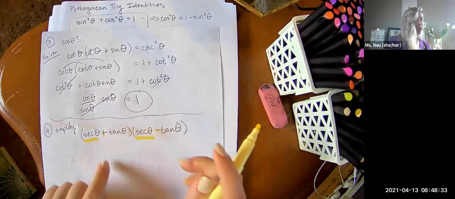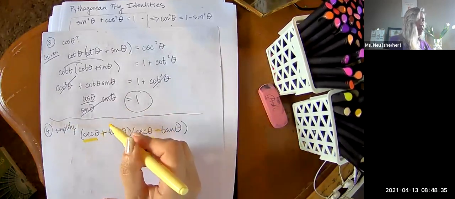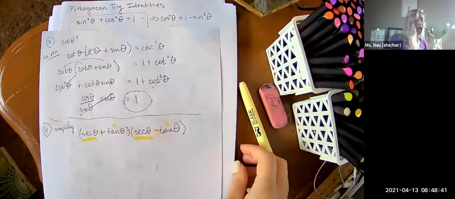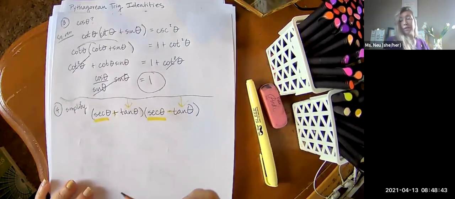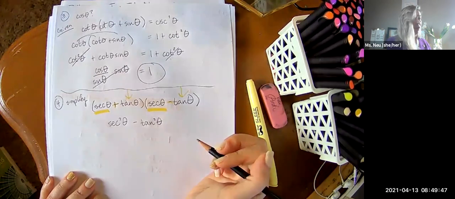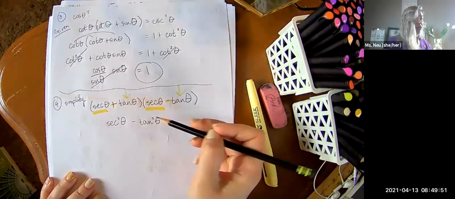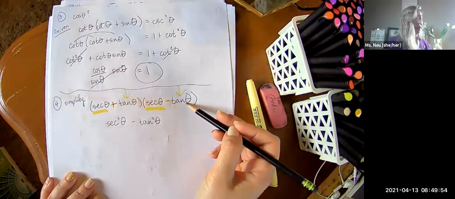There's a plus and a minus, and then these tan thetas are the same. This is a difference of squares again. It's glorious. So I can just jump straight to here if I recognize that this is a difference of squares.